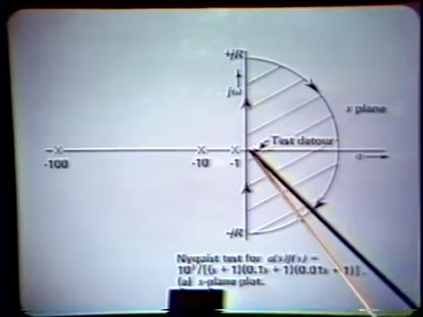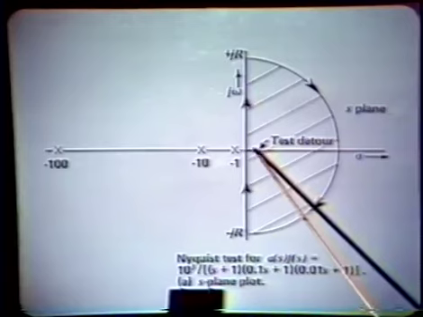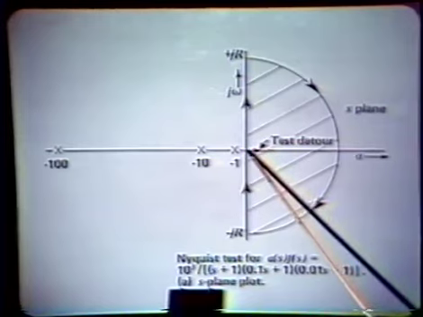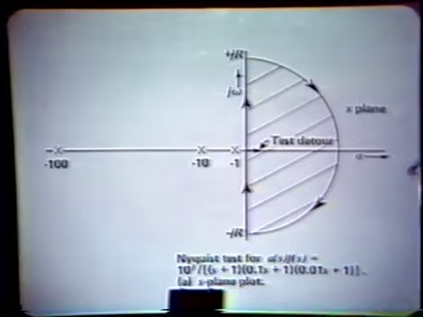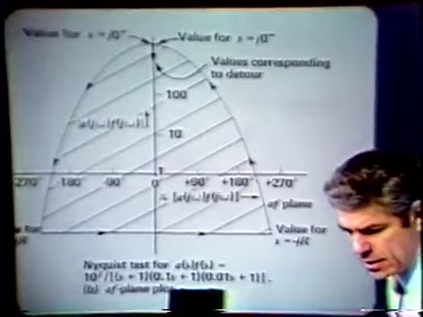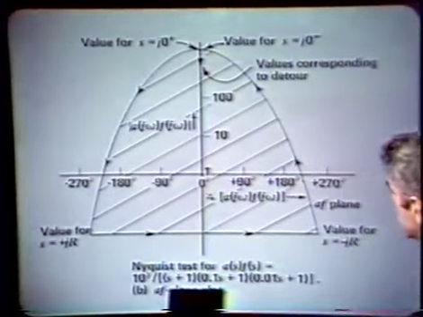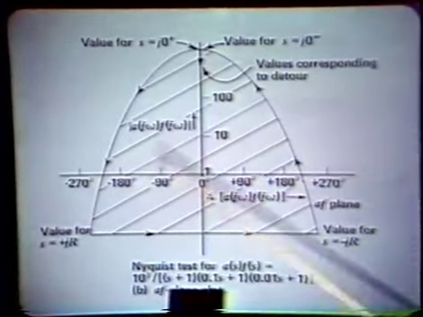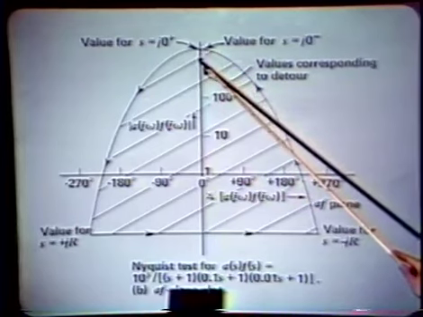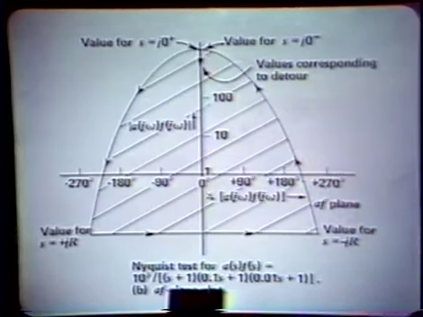The angle remains 0 degrees if we walk along the positive real axis. So if we evaluated AF at a point in here, its angle must be 0 degrees, but its magnitude must be smaller than the magnitude that corresponds to our evaluation here. And so we conclude that as we move along the test detour shown in the previous figure, we move in this direction. Consequently, the shaded regions in the two figures correspond.